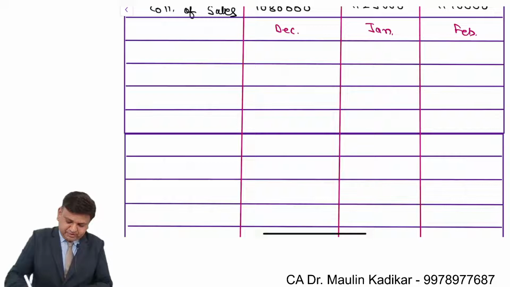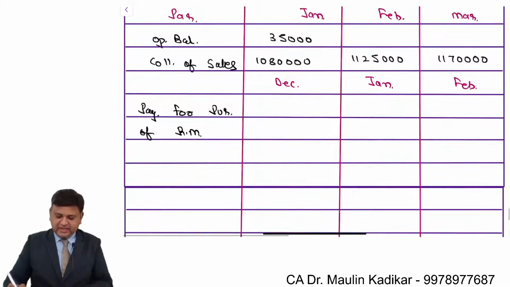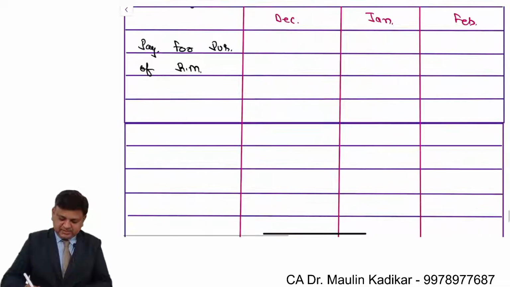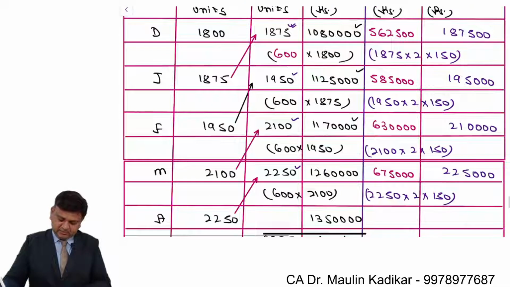payment for purchase of raw material. Again it will be December, January and February, because the average payment period is again 1 month.